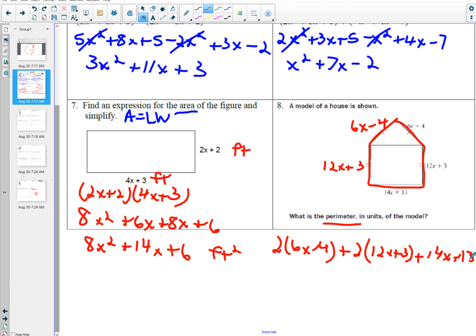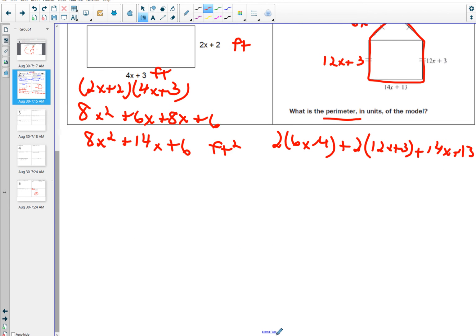So if you were to write it this way, Princeton, what would I do first? Good. Distribute. Good. Remove the parentheses. 12x minus 8 plus 24x plus 6 plus 14x plus 13.